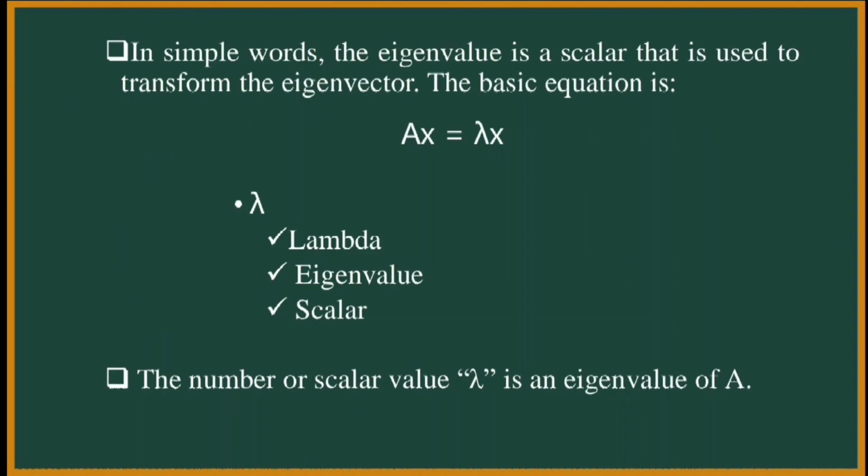In simple words, the eigenvalue is a scalar that is used to transform the eigenvector. So the basic equation is Ax equals lambda x. Lambda, the upside-down y, represents the eigenvalue and scalar. So the number or scalar value lambda is an eigenvalue of A.